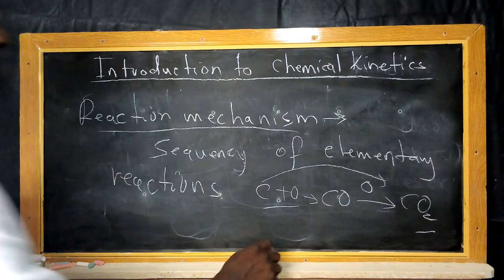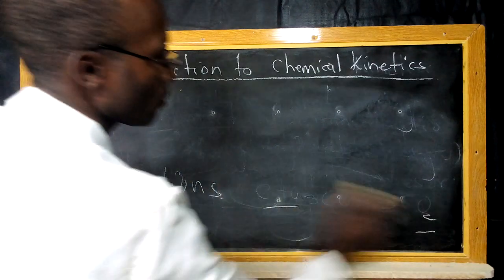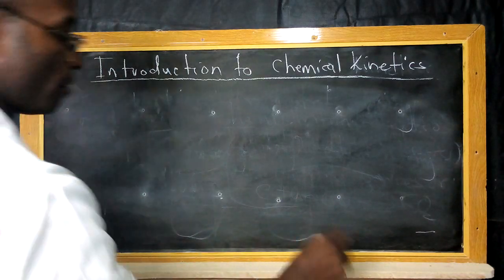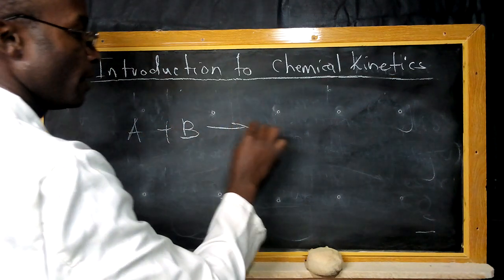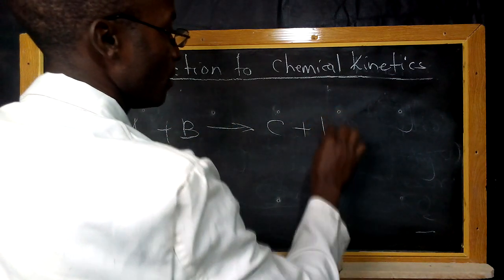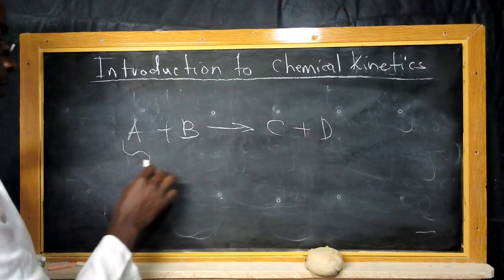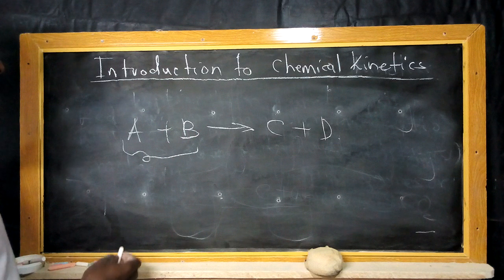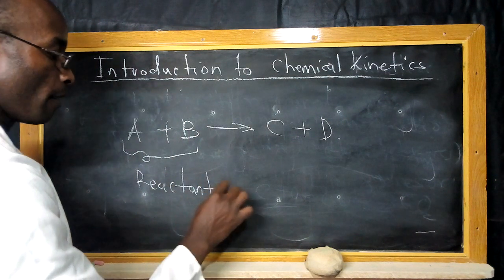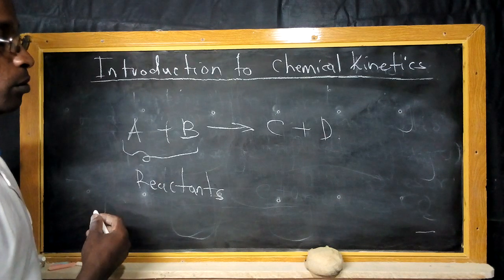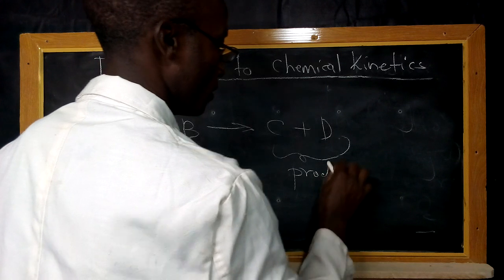And then we have the relationship between, when we are doing a chemical reaction, for instance, I have the reactants A plus B, and then they are forming products C plus D. This section of the equation, we refer to it as the reactants, and the other side, this is the products.